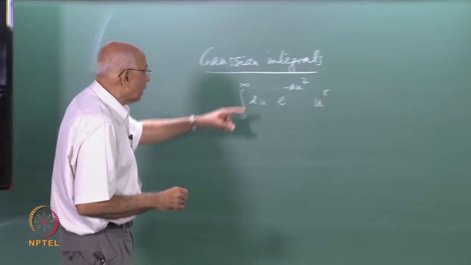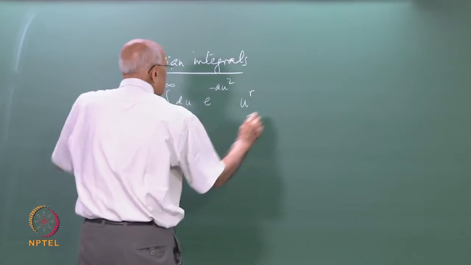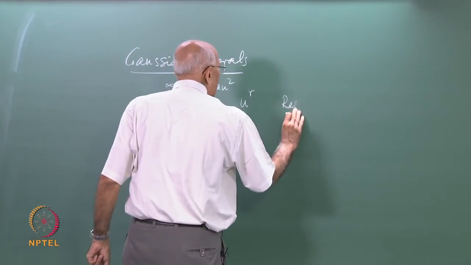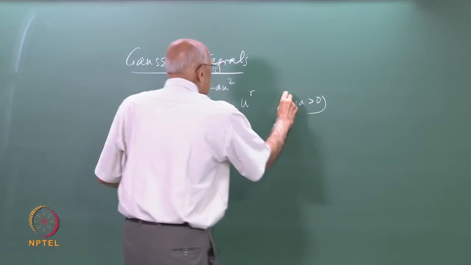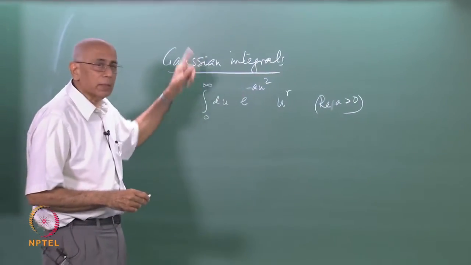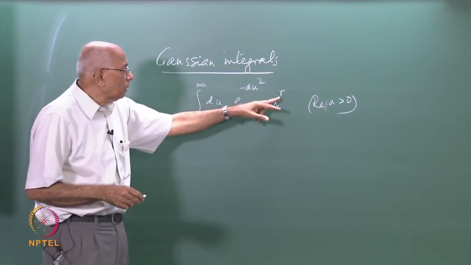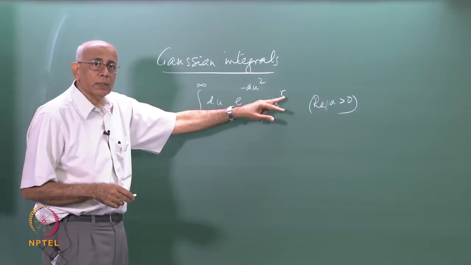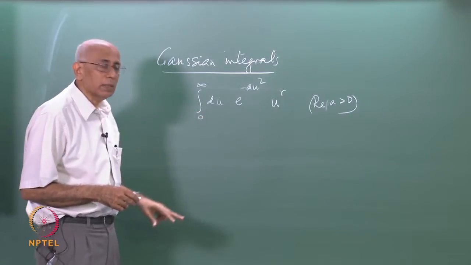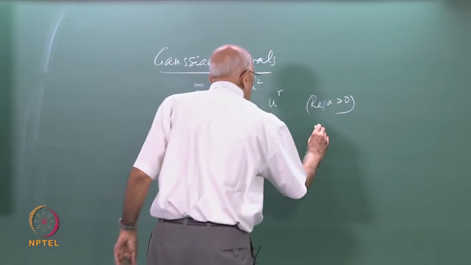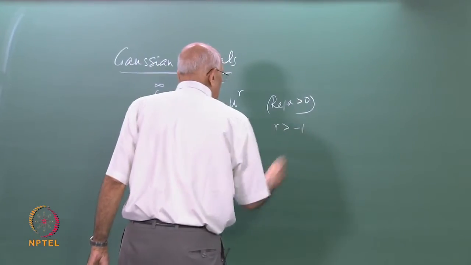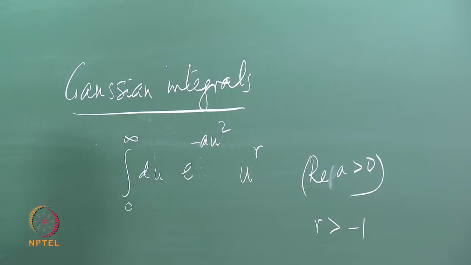This integral is going to converge as long as real A is positive, so that this provides a damping factor at infinity, and one should also ensure that this does not provide a divergence at the origin, so you also require that r be greater than -1, okay, so that it does not diverge at either end, and that is the general Gaussian integral.